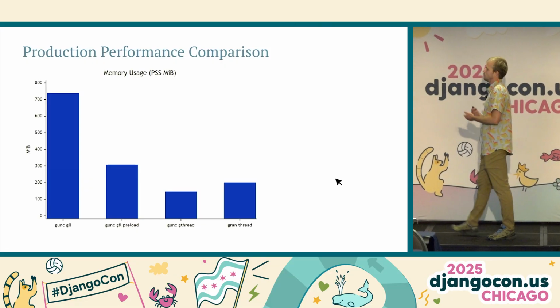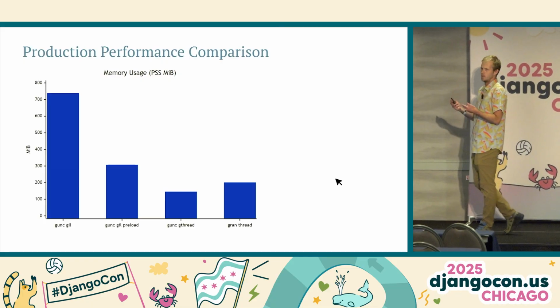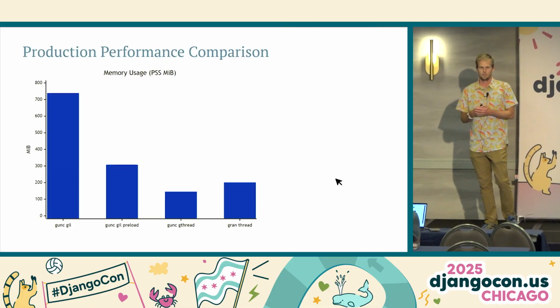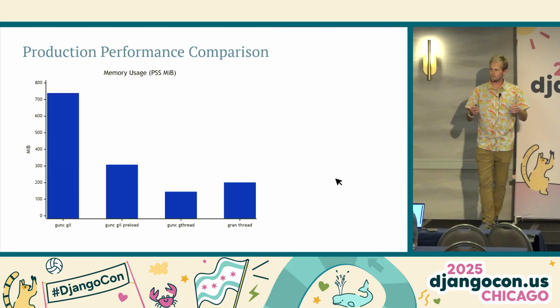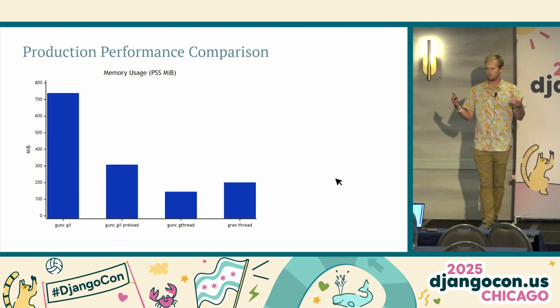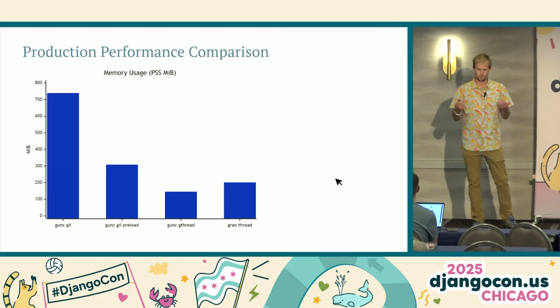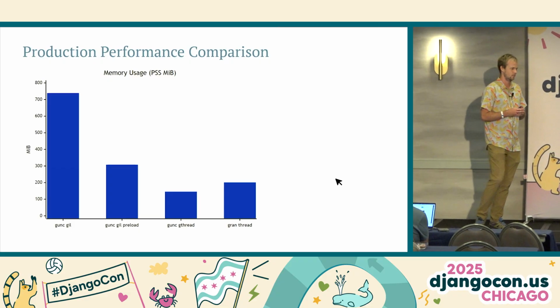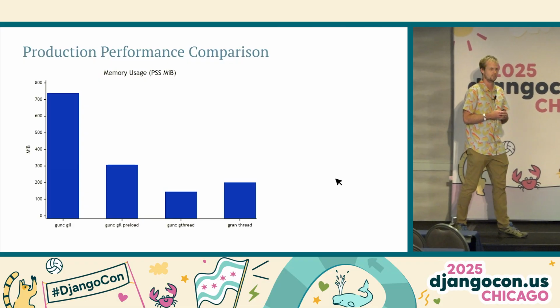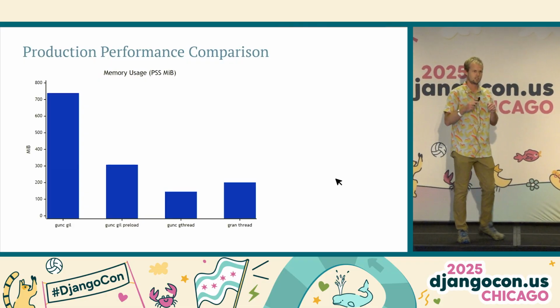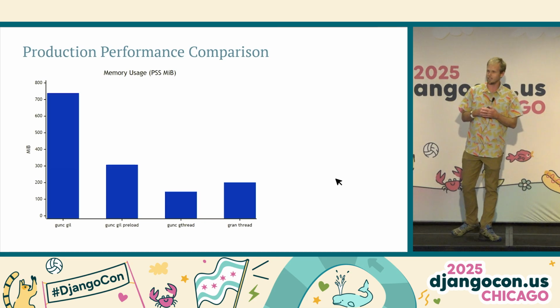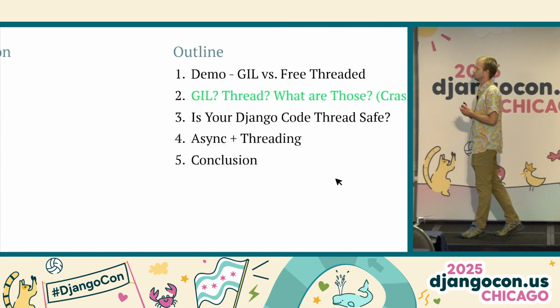And so one of the potential benefits we're going to see in this talk is with free threading, if the performance is about the same and your code doesn't crash and there's not thread safety issues, you could potentially be a lot more memory efficient, which I don't know about you all, but I've definitely rented my fair share of small instances on the cloud, and it definitely helps to be more memory efficient.